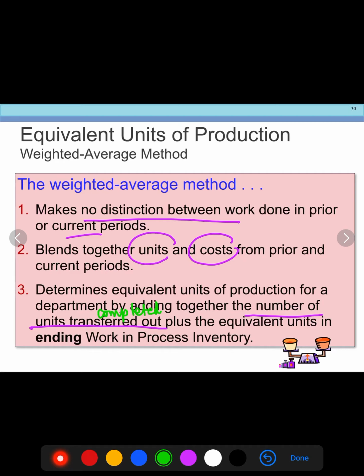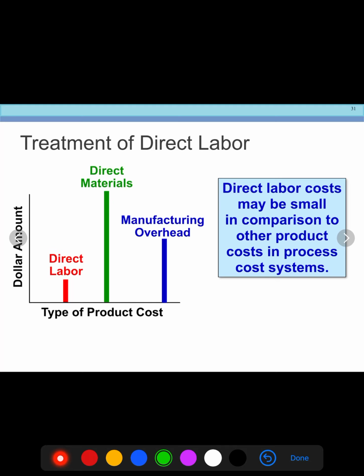And based on this, again, hindi niya kinonsider kung meron bang mga work done in prior period dyan. Basta ang sabi niya, if it is completed, it is 100% stage of completion.